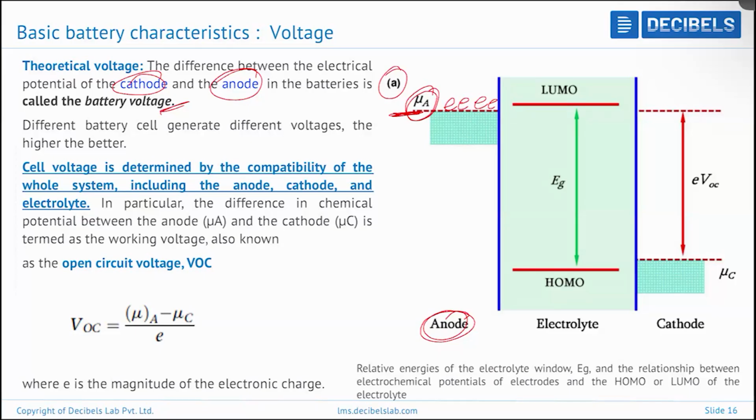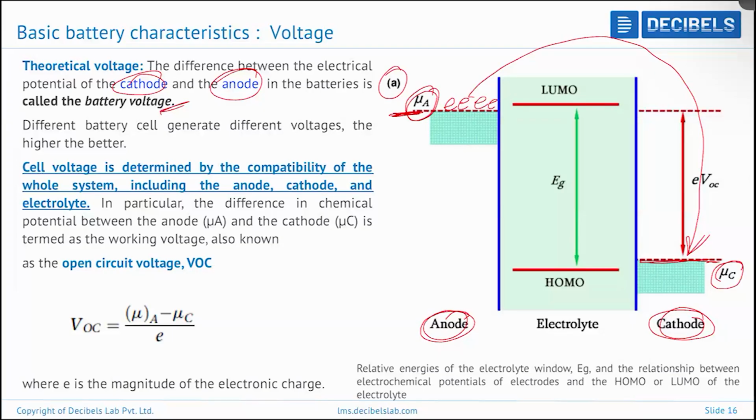The cathode chemical potential is represented by mu c, and its energy level should be low because it is in the acceptor level. If it is at a lower energy, the electron can come easily here. If the cathode is above, the electron cannot go spontaneously.